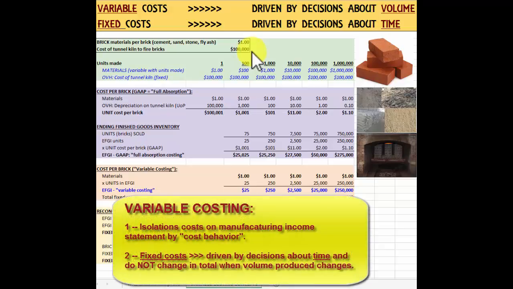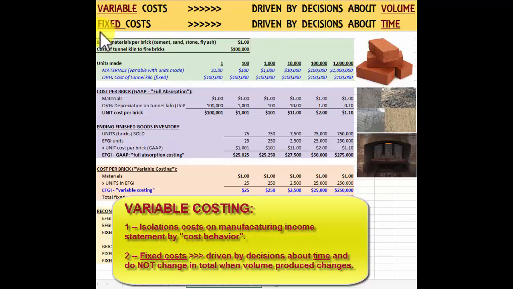Now, what we are trying to illustrate is that variable costs, direct material and direct labor, are driven by decisions about the volume of activity. If volume goes up, variable costs go up in total. If volume goes down, variable costs go down in total.